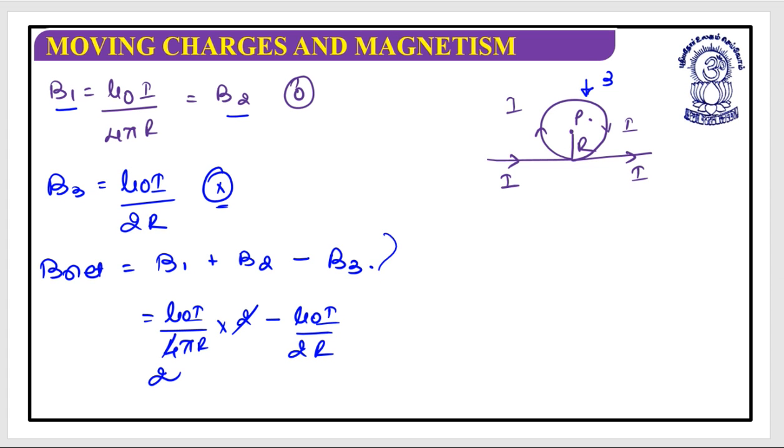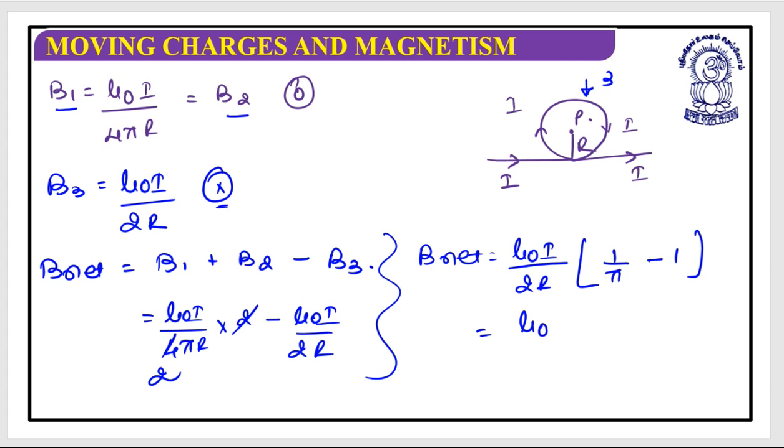So B net could be written as mu naught I by 2R into bracket, the pi will remain, 1 by pi minus 1. So that should be mu naught I by 2R into bracket 1 minus pi divided by pi. I hope this is clear. Is it clear? Great. So can you do this kind of questions? What was your answer?